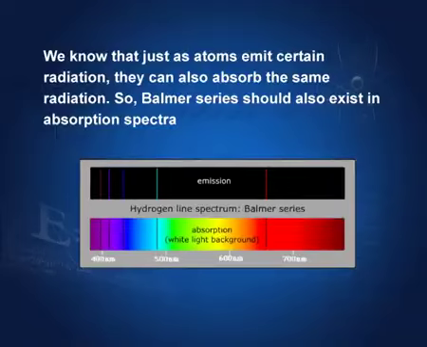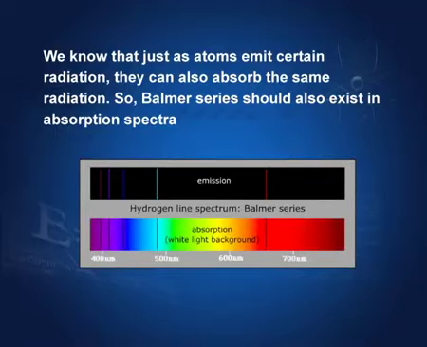And whenever the energy is absorbed from the spectrum, this gives a dark line. Here is a dark line, here is a dark line, and there is a series of dark lines. These dark lines form what is known as absorption spectrum, and these lines correspond to Balmer series, and therefore, these are Balmer series in absorption.